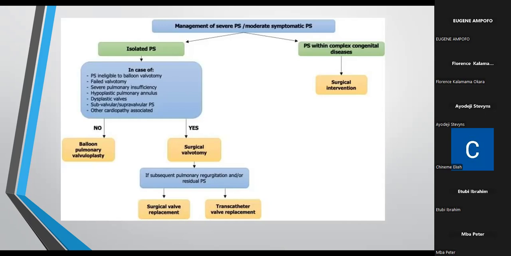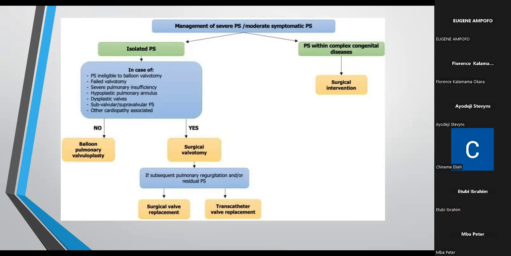Sorry, there's an algorithm here for a patient with isolated pulmonary stenosis. Of course, if they have isolated PS that is ineligible for balloon valvotomy, or failed valvotomy, severe pulmonary insufficiency, or a hypoplastic pulmonary annulus or dysplastic valve, if they are present, you want to do surgical valvotomy, but if they are not present, balloon valvotomy will suffice.